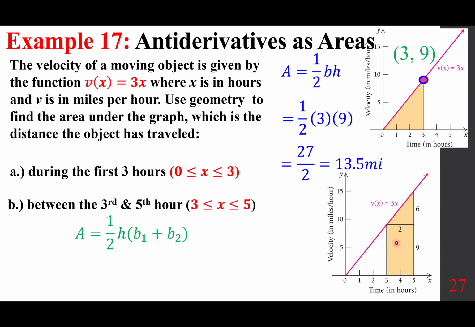So area is 1/2 the height times b1 plus b2. So the height is 5 minus 3, this distance of 2, okay? And the base, this one is 9, right? And this one is 5 times 3, 15.